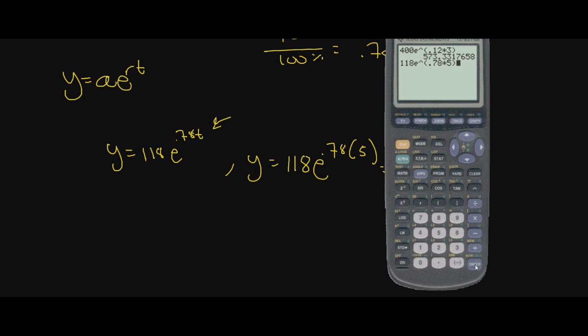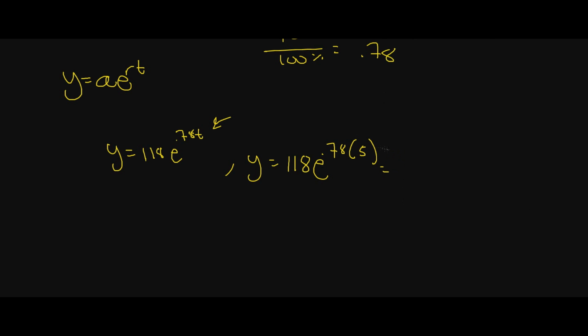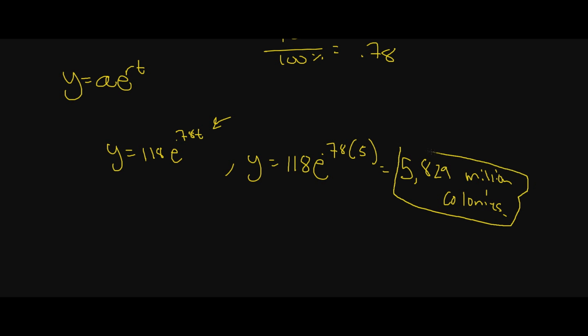And we shall have, well, look at that, 5,829 million colonies. Okay, so you could see after a while, especially at such a huge percent rate, this is going to increase like crazy. This is technically what's after million, billion, 5,829,000,000 colonies.